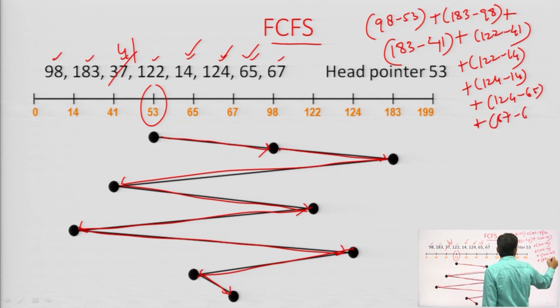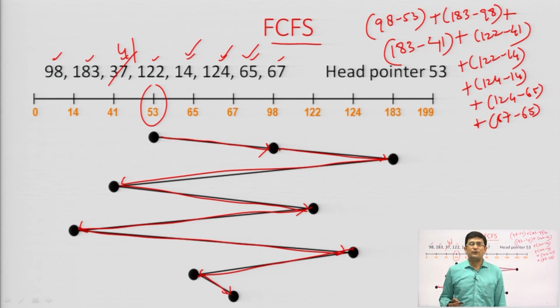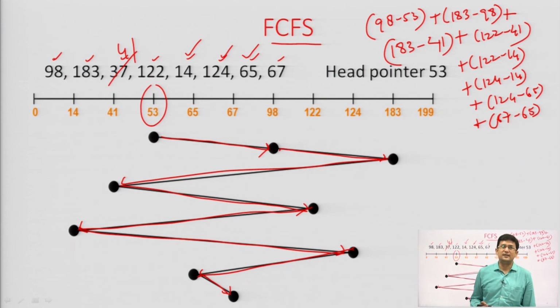So if you add all these things, this is the total number of movements the disk arm made while serving the requests with the first come first serve scheme.